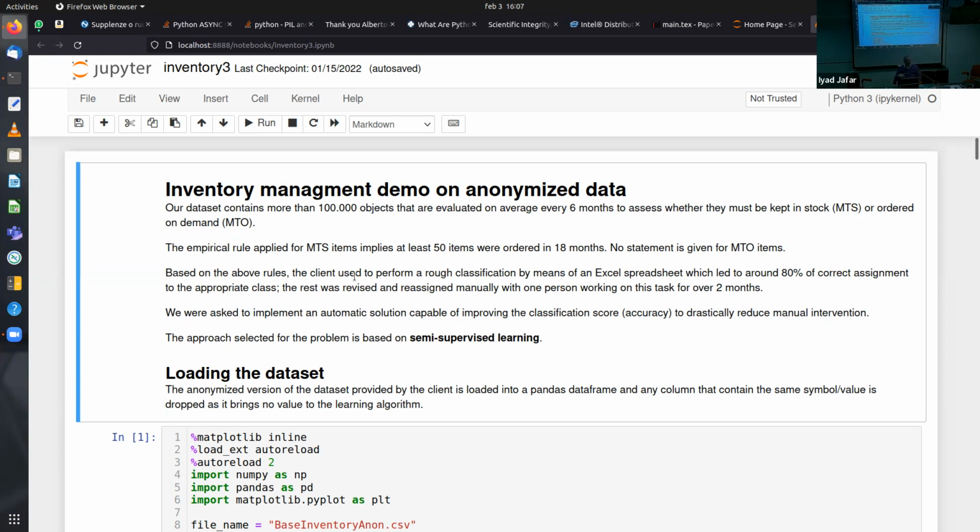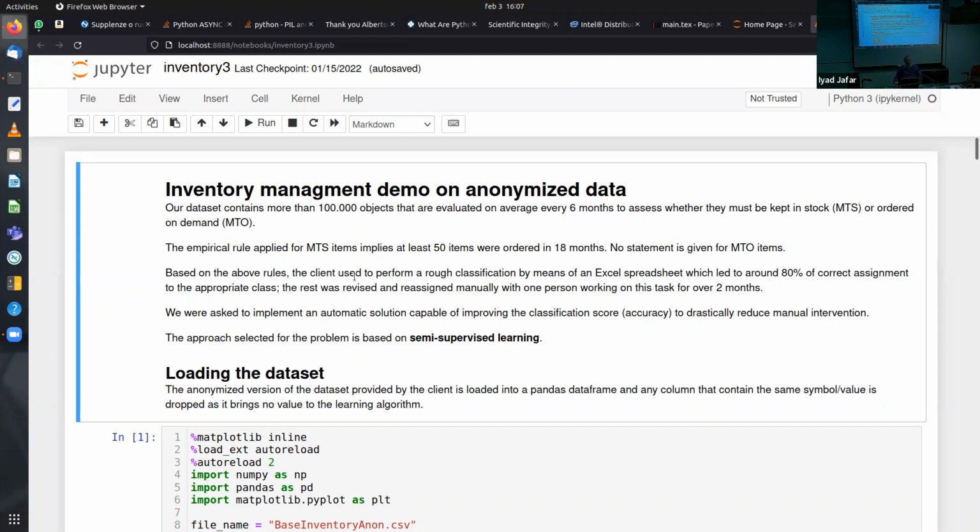If it's less than that, it's ordered on demand. So it's MTO. So based on this rule, we had to invent something in order to analyze this inventory and make this automatic classification, MTS, MTO, because the problem was that they used to do this every 6 months.